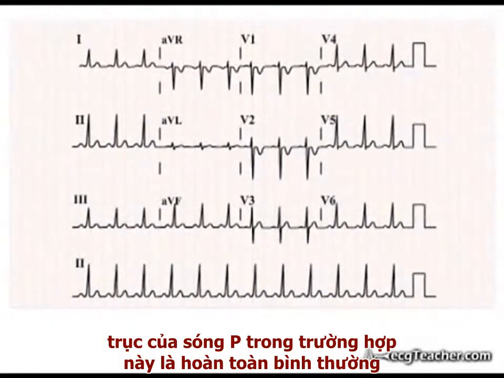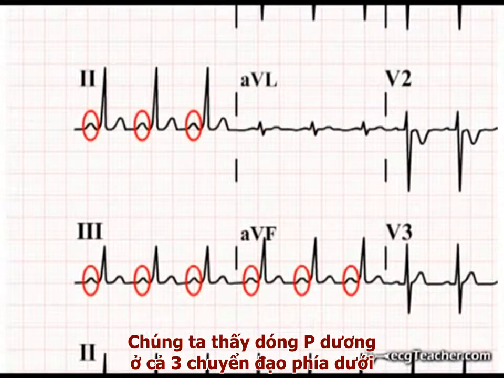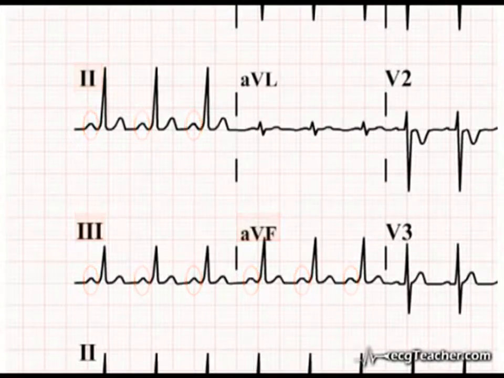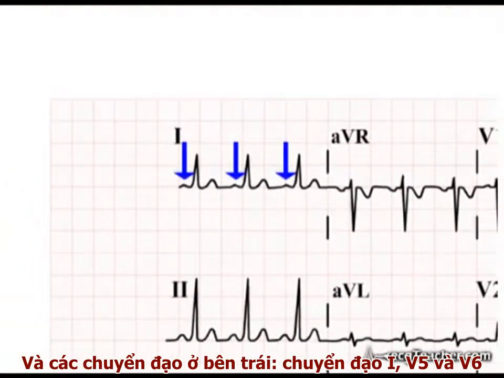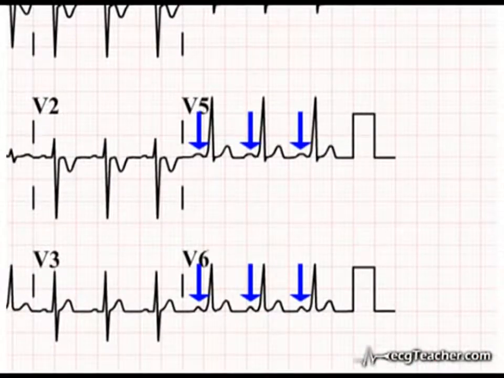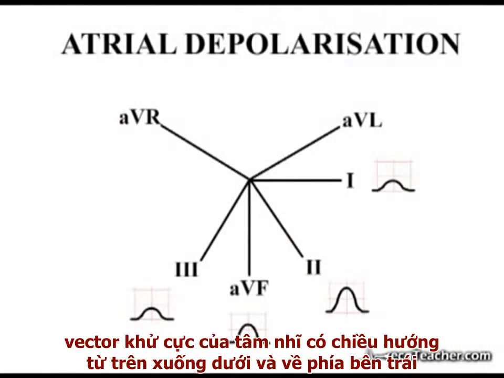In fact, the P wave axis is normal. We find upright P waves in both the inferior leads 2, 3 and aVF and the left-sided leads, leads 1 and V5 and V6. This indicates that the bulk of atrial depolarization is proceeding downwards and to the left.